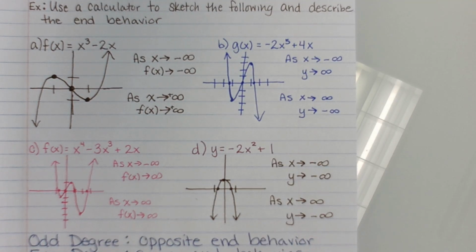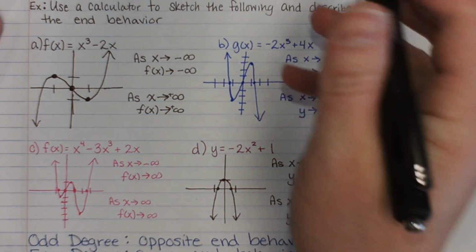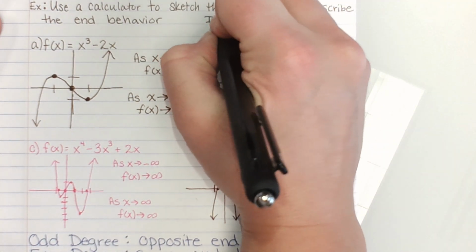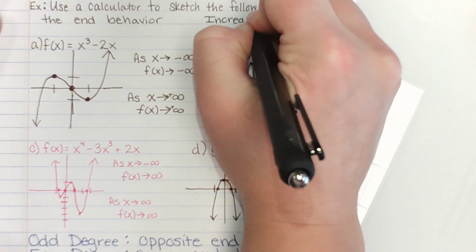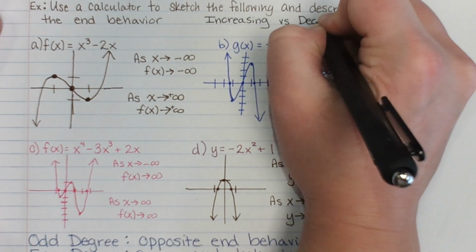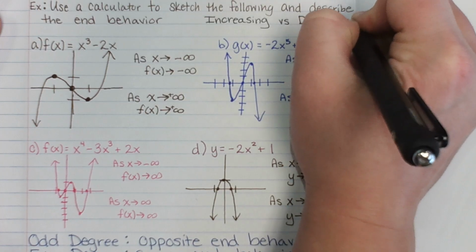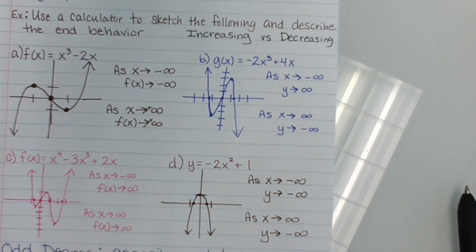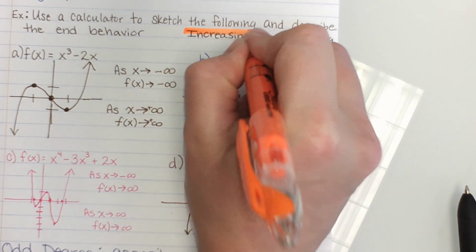The other thing I want to take a quick look at is where the graph is increasing versus decreasing. I'm going to make increasing orange.